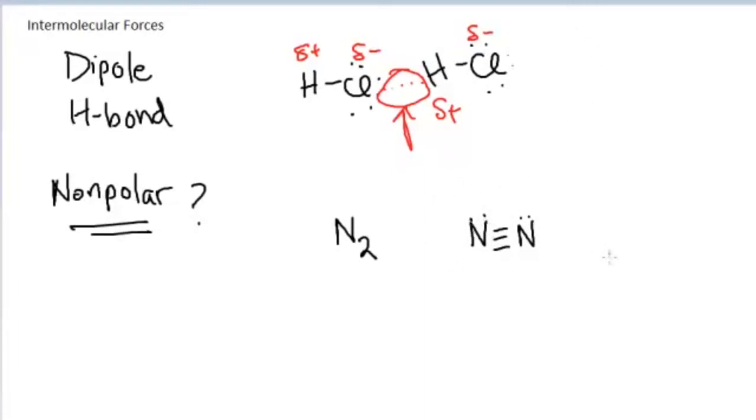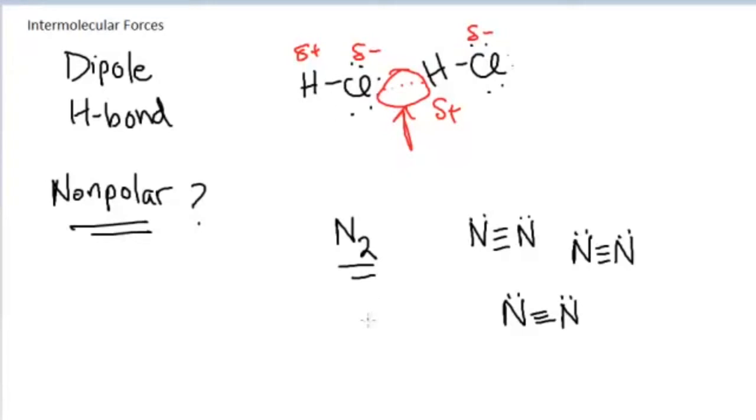But as you can see, this is a totally nonpolar molecule. If I have a sample of nitrogen, I've got a bunch of these nitrogen molecules all floating around with no partial positives and no partial negatives. So what on earth would cause nitrogen, N2, to ever go out of the gas phase?